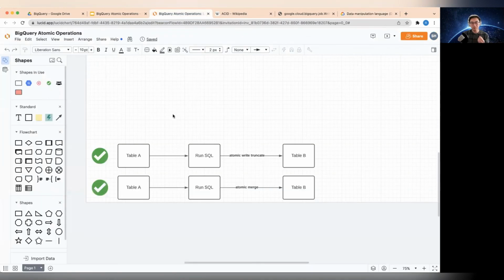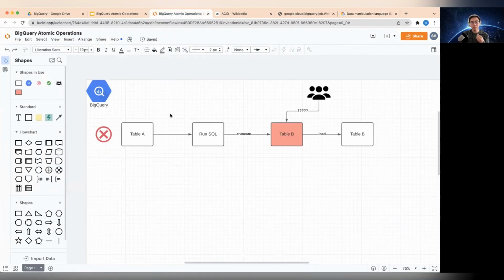So just to summarize, the mistake commonly made is truncating the target and then loading, which will cause problems for the stakeholders, making everyone's operational life a bit of a nightmare because the urgency of fixing a problem is great, right? So this is a common mistake.